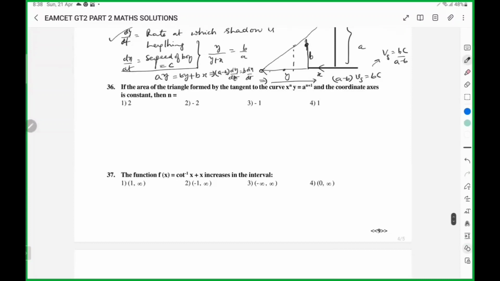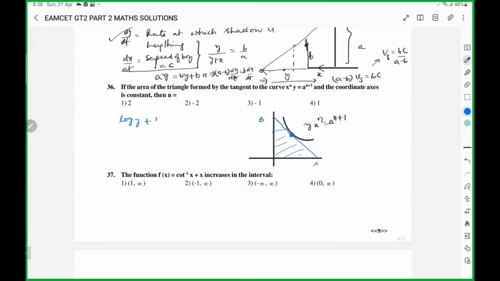Here you have a curve, y x power n is a power n plus 1. Here is a point, and this is a tangent. So the area of the triangle formed by the tangent and the coordinate axes: to find the area, you should know the line AB equation, so we have to find the slope.